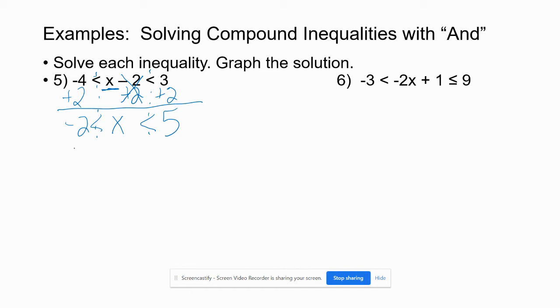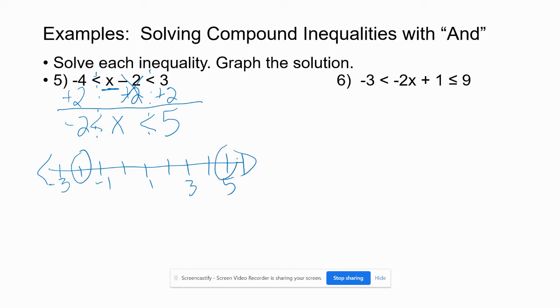X is alone, so this is our intersection. We have to go from -2 to 5. We have an open circle at -2, an open circle at 5, and if the x is squished in the middle, we're shading in the middle.